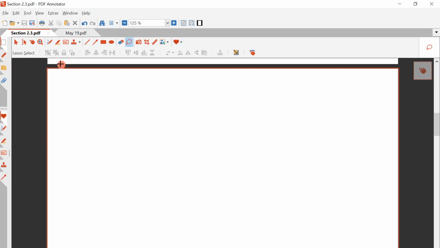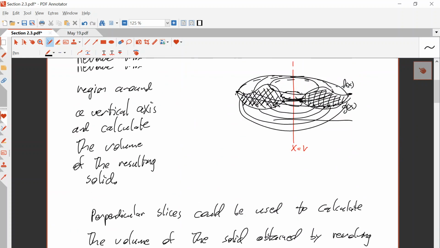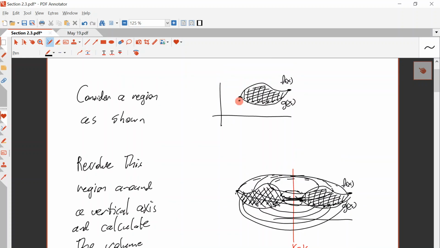So, subdivide. This region here is from x equals a to x equals b. Here's the x-axis, and the region is from x equals a to x equals b.